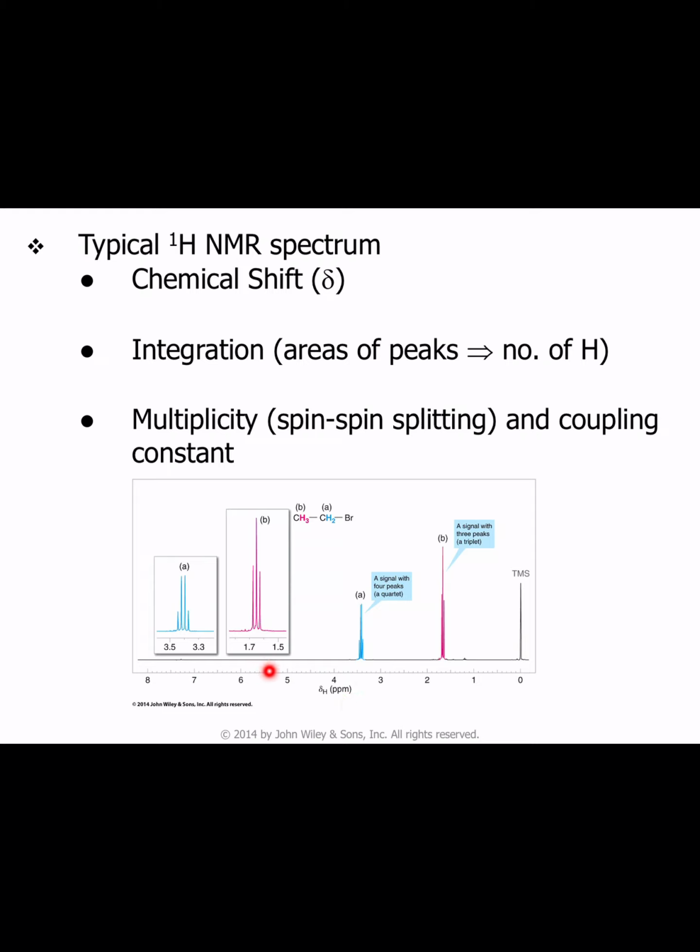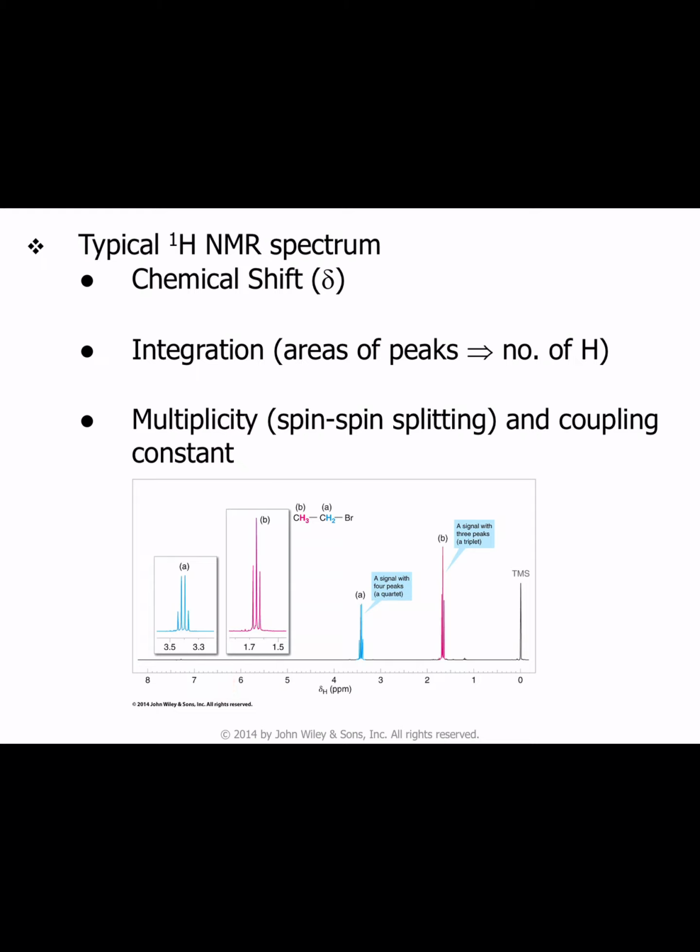In a typical NMR spectrum, you will see this chemical shift data and also see integration, the areas of peaks. Integration also tells us the number of hydrogens. And then it also tells us the multiplicity, meaning spin, splitting, and coupling constant. We'll learn about the coupling constant in a bit.